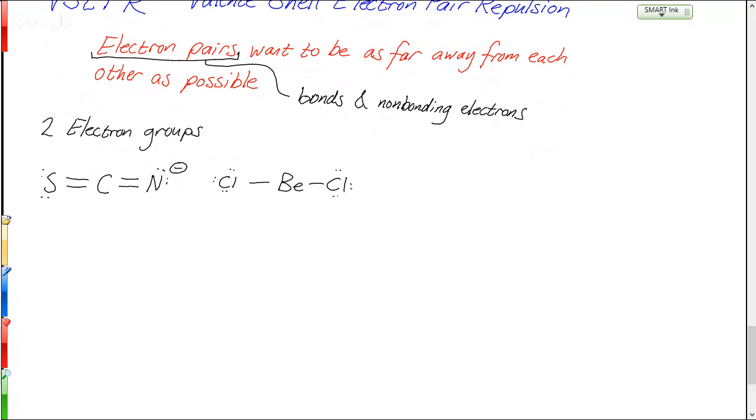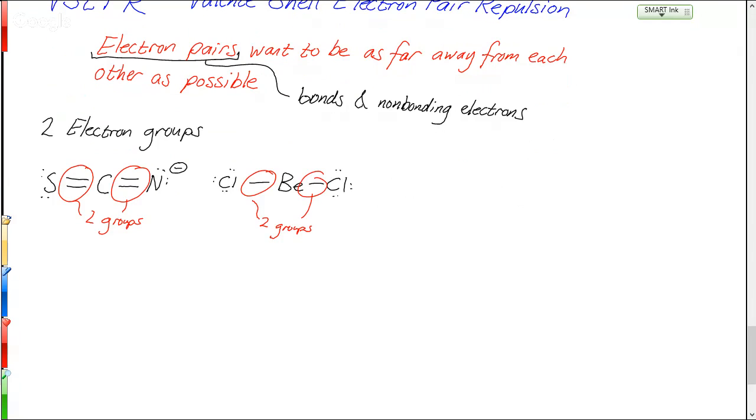In each case, we can identify two groups around the central atom. Even though there's double bonds, we call that 2 electron groups.